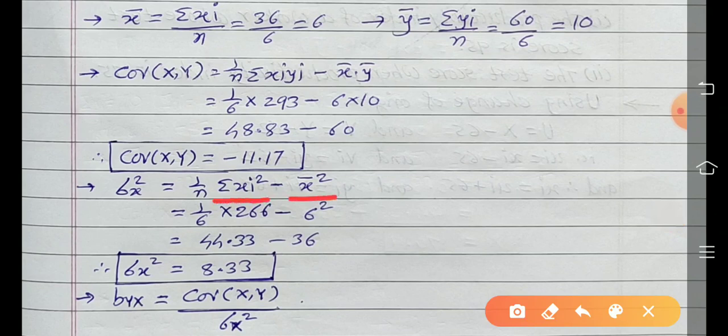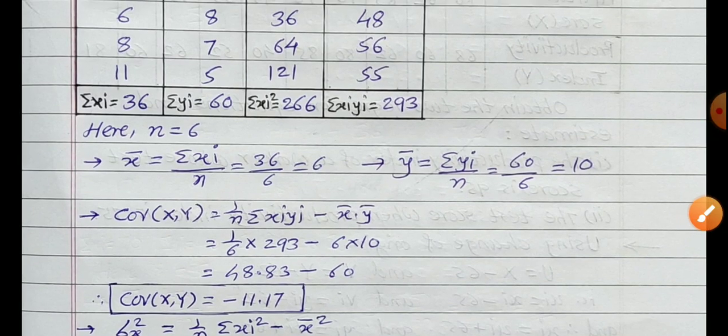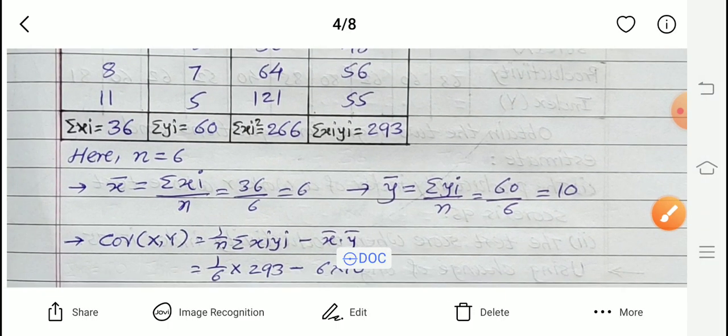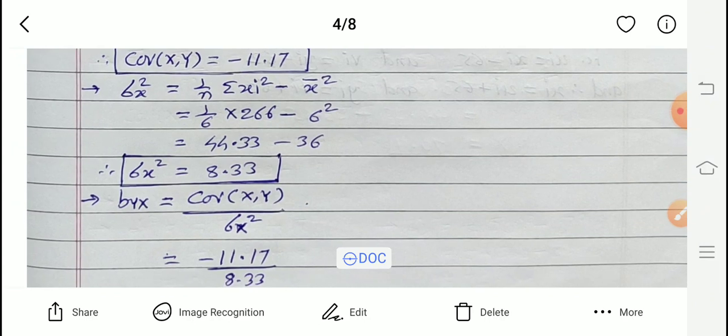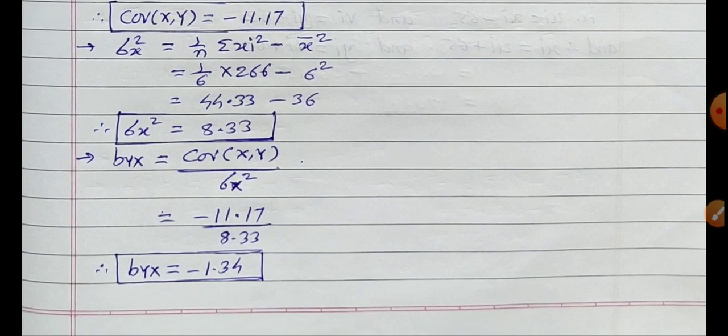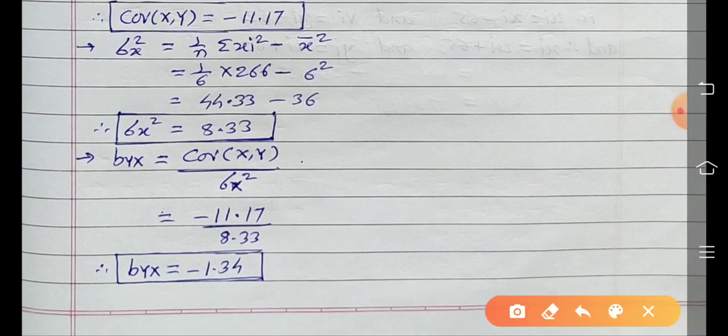Next, we want sigma x square also, that is 1 upon n summation of xi square minus x bar square. Substitute the values. 1 upon 6 into summation of xi square, what is it? Check here, that is 266. That value is substituted. 1 upon 6 into 266 minus what? X bar's value is 6, so 6 square. So 266 divided by 6, what is the answer?